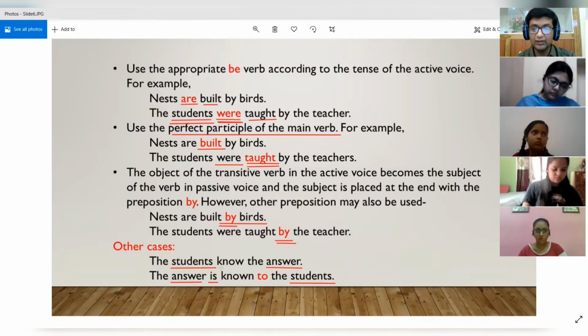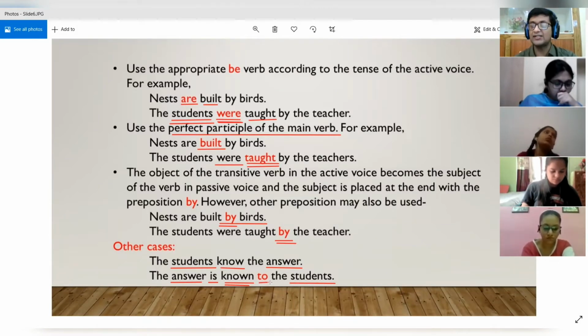Know was the main verb present over here. So the third form of know has been used, that is known. Because what is the second form? It is knew. Know, knew, and known. So the third form of know is being used over here, that is known. And what is the fourth thing? We had to place a preposition before the object, right? So here we have used to and not by.